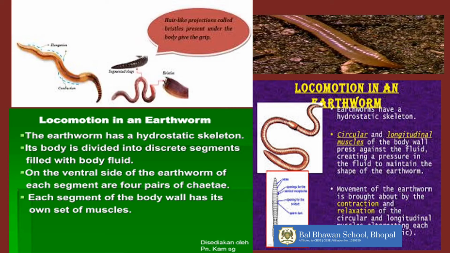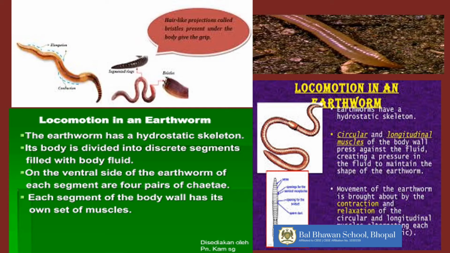And when we talk about relaxation, muscles become long and thin. So in earthworm, these circular and longitudinal muscles move antagonistically. Now what I mean by antagonistically is that they move in opposite direction.